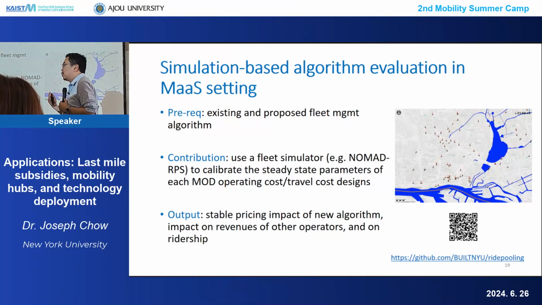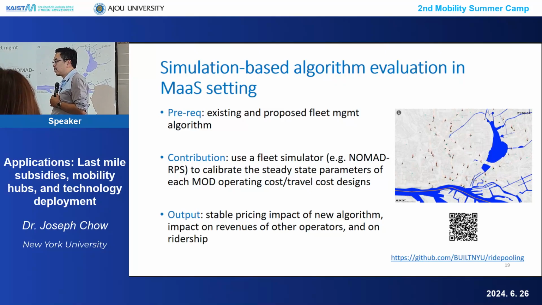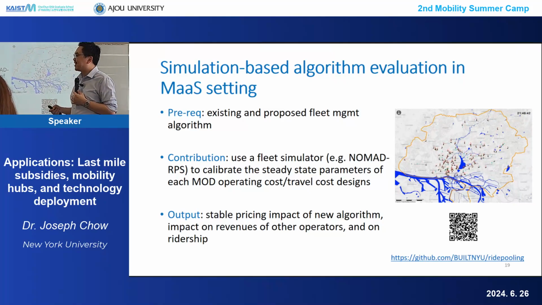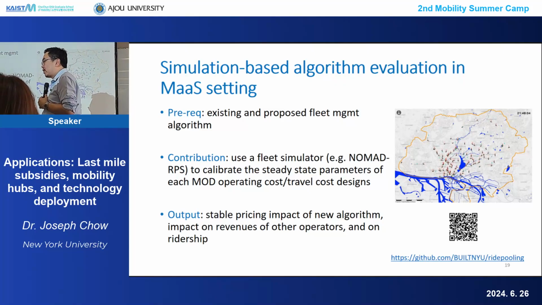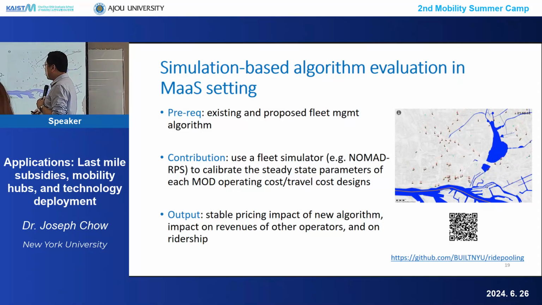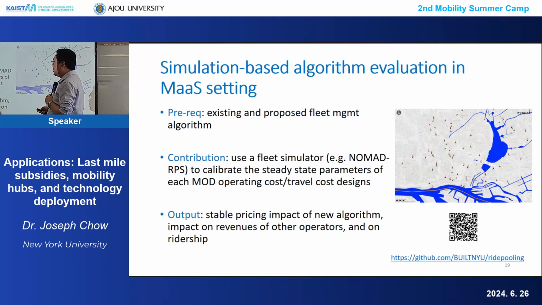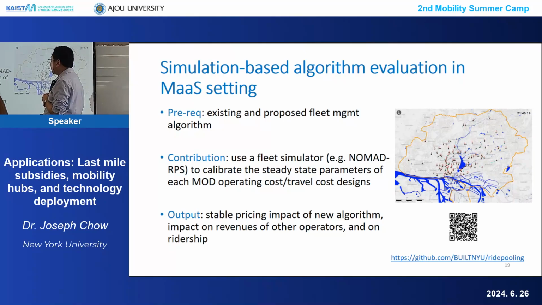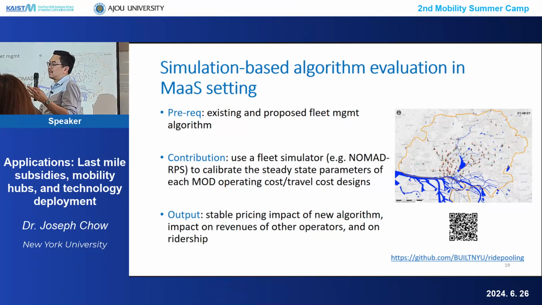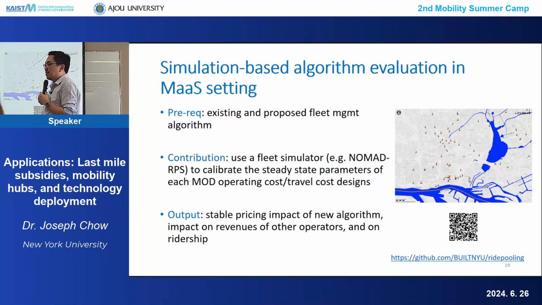You want to see what that means in that service region with other providers. Would it be more competitive, pushing them out of the market maybe? Maybe it might get more people to join the market at that location. Maybe they will pay a little bit more. So this would make use of the framework where you simulate the two different algorithms, then use the outcomes to recalibrate the steady state parameters and look at two different designs side by side. I think that would be a very practical way to evaluate the impacts.